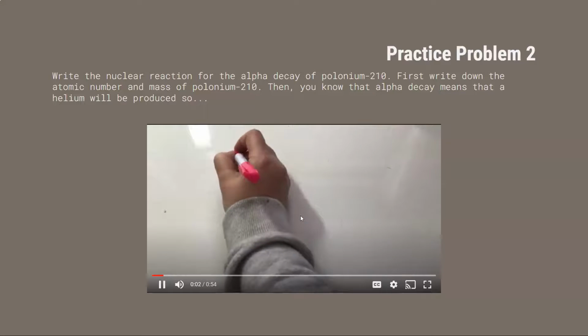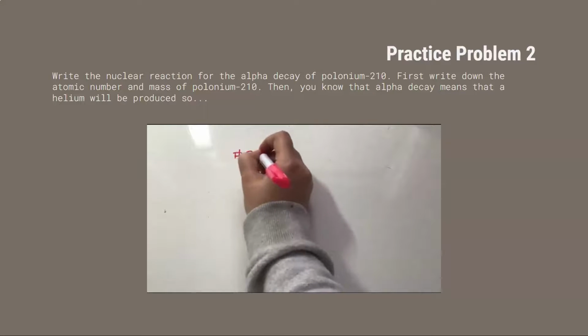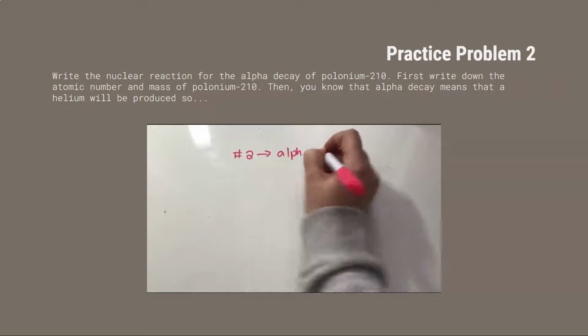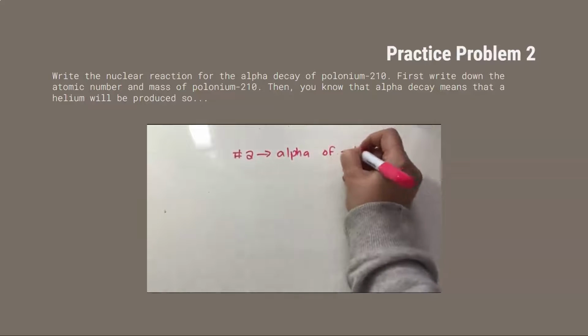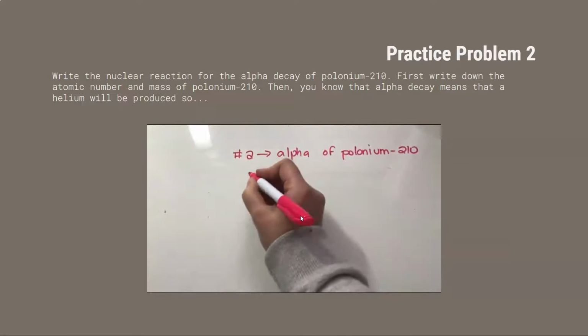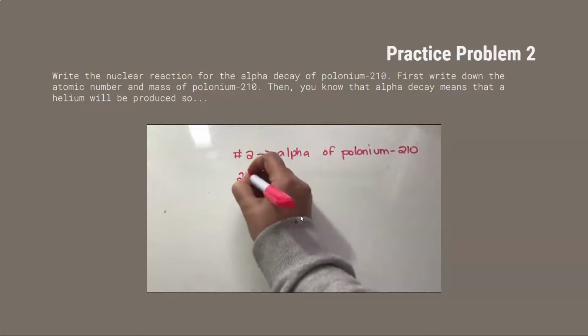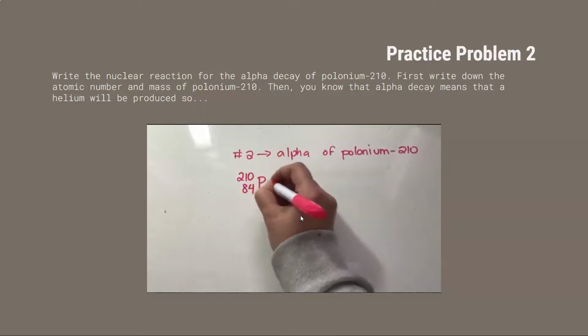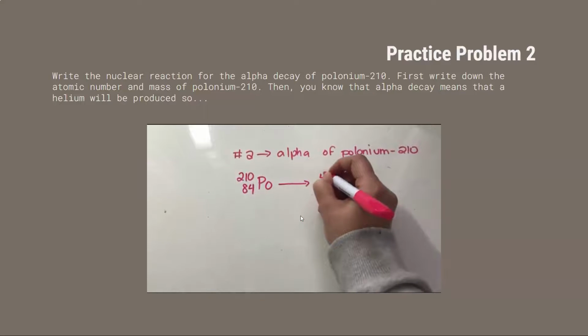In number 2, I'm going to start off again by creating my known, which is my polonium, and I'm doing alpha decay. So I'm going to start my equation with 210 as the mass, and I have 84 for polonium. I just looked it up on the chart.